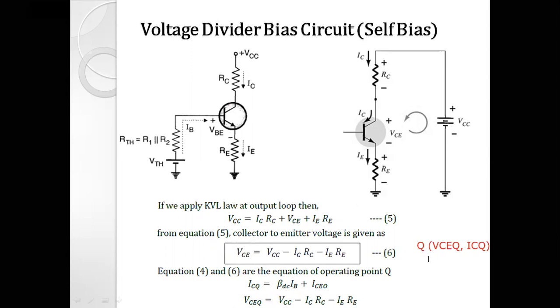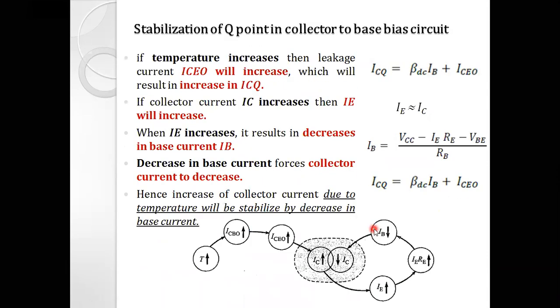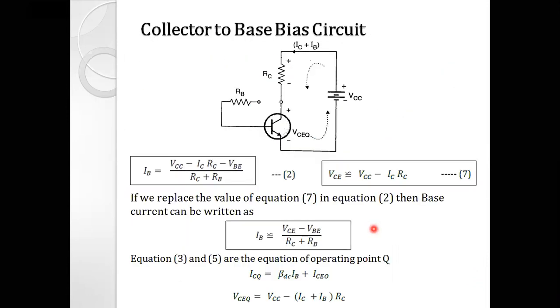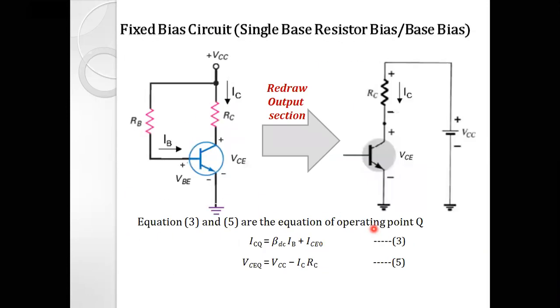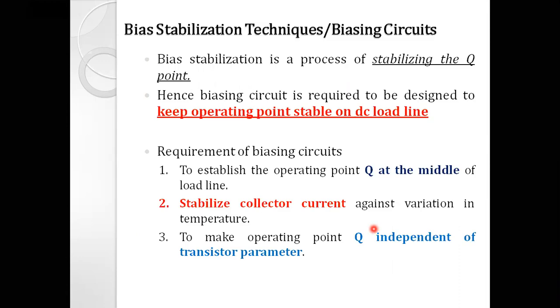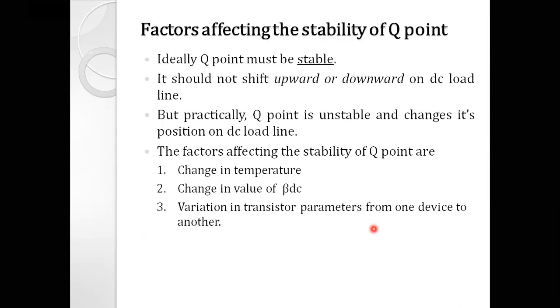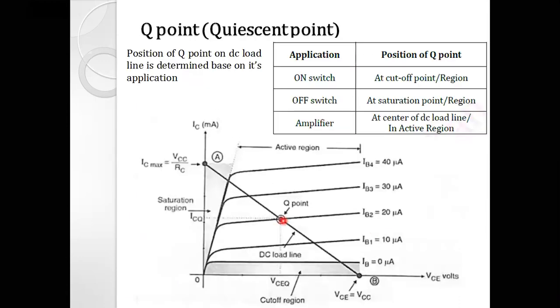What is that location on the output characteristic? For that, let me once again show you that characteristic. That is over here. In the previous session, we went through that DC load line and operating point. This is the operating point Q, right?